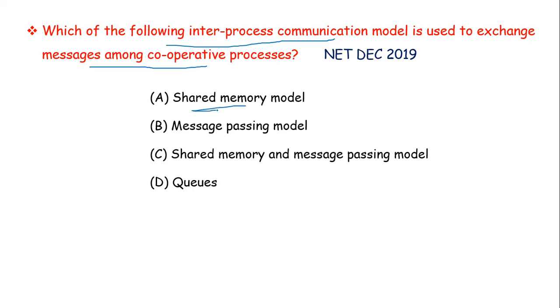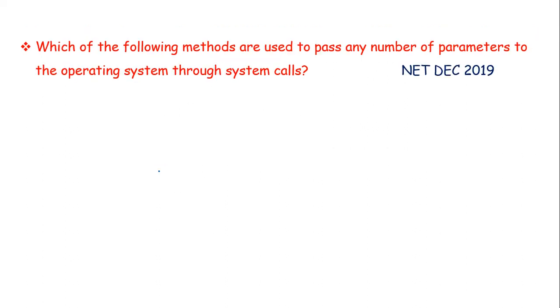Option A is shared memory model. Next, message passing model, shared memory and message passing model, and last is queues. Now there are two primary models in inter-process communication: first is shared memory and second is message passing model. So the correct answer will be option C, shared memory and message passing model.